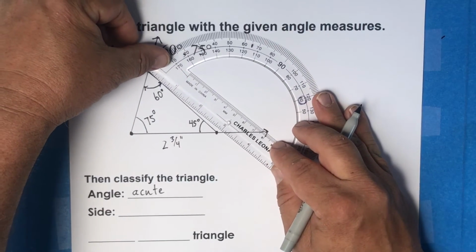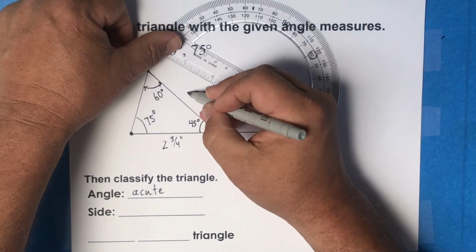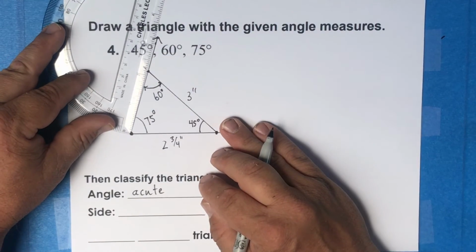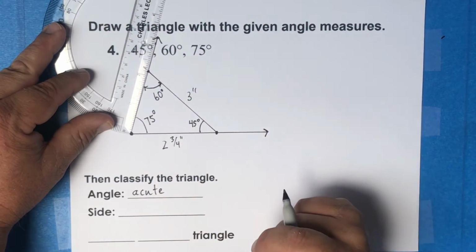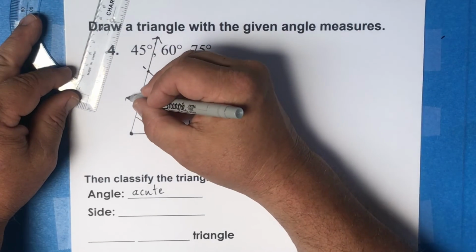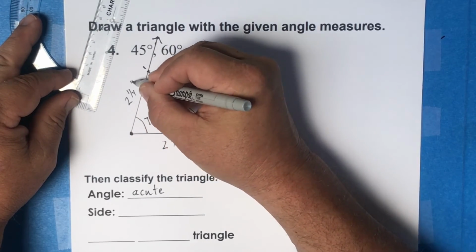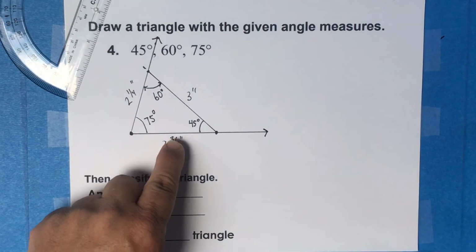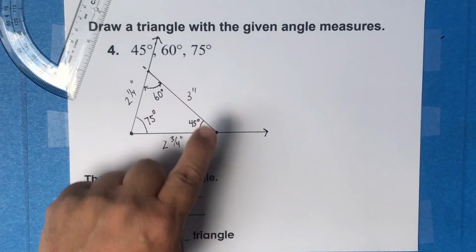This side length is 3 inches. And this side length is roughly 2 1/4 inches. So 2 1/4, 2 3/4, and 3 inches.